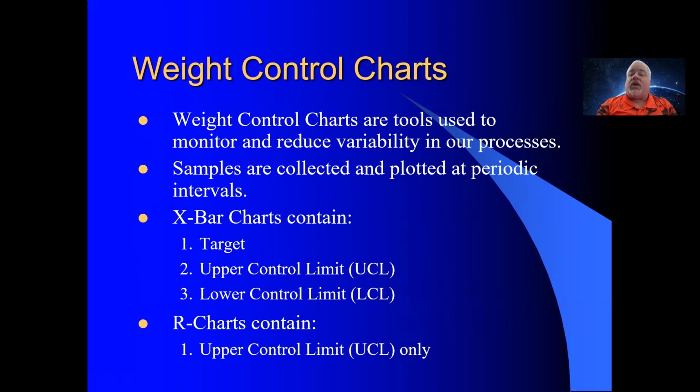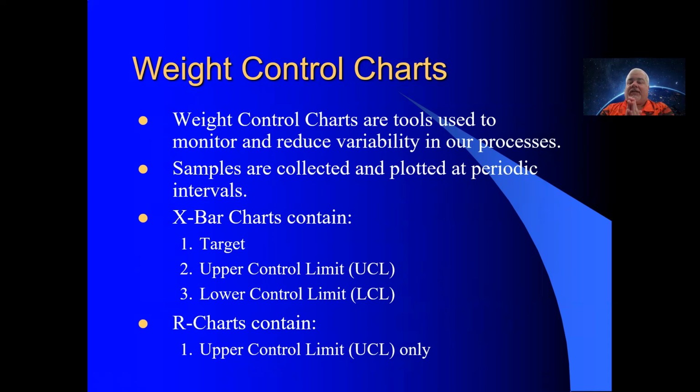What's the range or the distance from the smallest to the highest? Upper control limit only, because when you're talking about a distance, the heaviest and the lightest, and you subtract the 2, you're always going to get a positive number. There's no negative number. You can't be below 0.